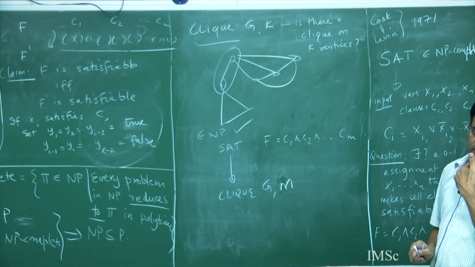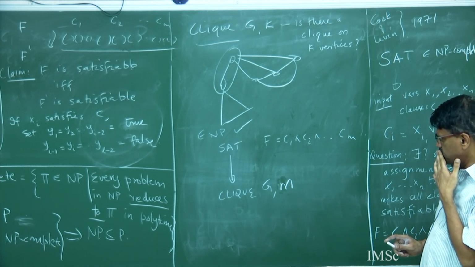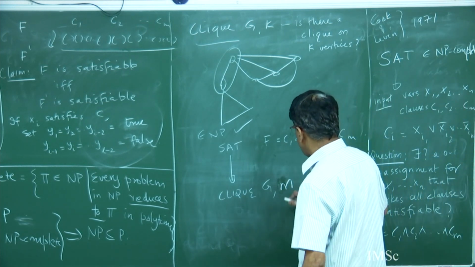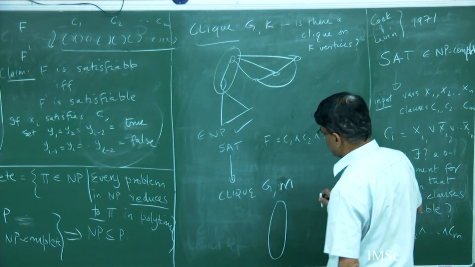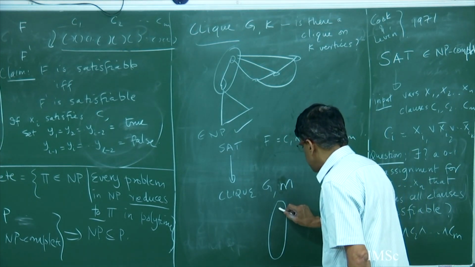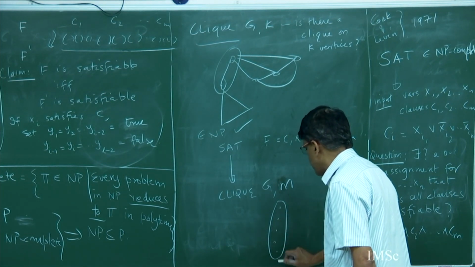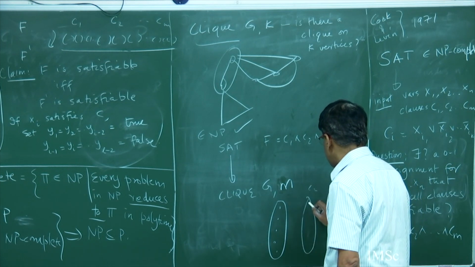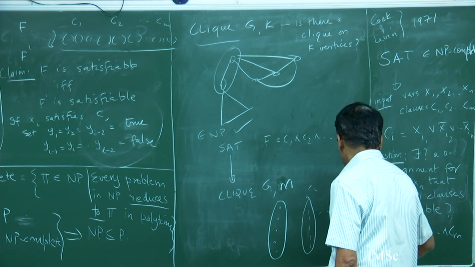Let us think of what the graph should be. Let me start with the following. It is like an m-partite graph. C1 has certain variables, and I have a vertex for each one of them. C2 has a certain number of variables, and I have a vertex for all of them. Cm has a certain set of variables.